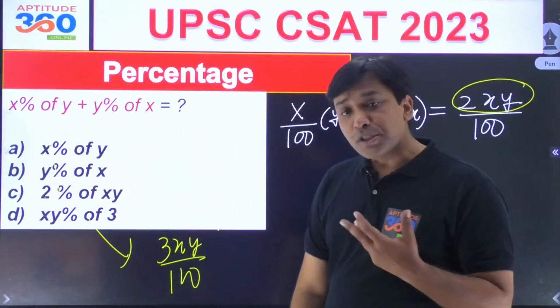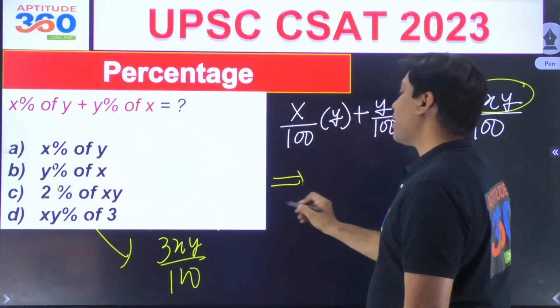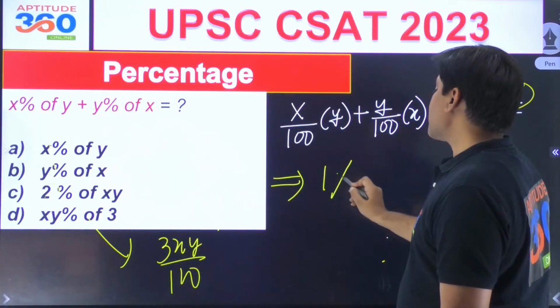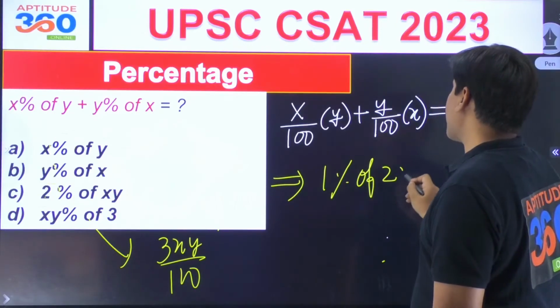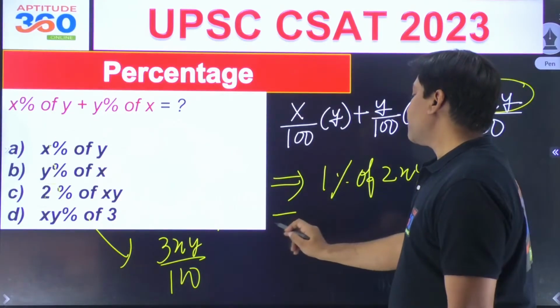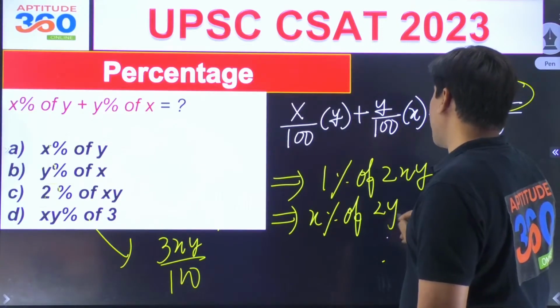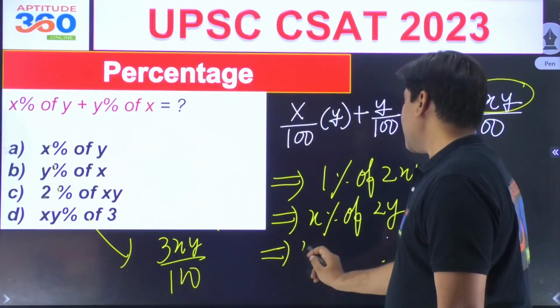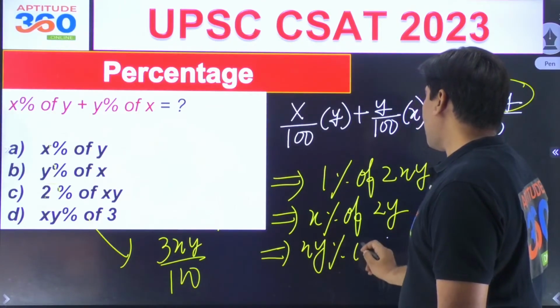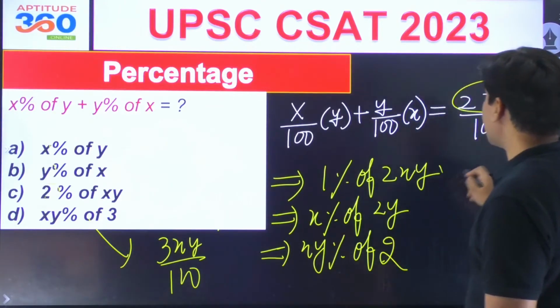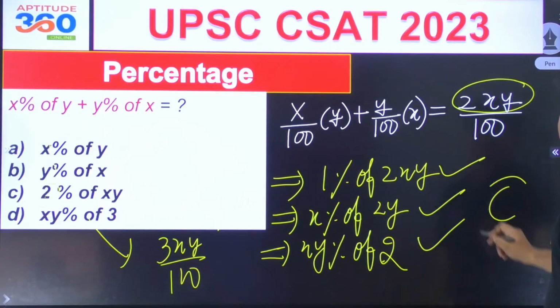And why only option C? If this would have been the answer, 1% of 2xy, or x percent of 2y, or xy% of 2. Don't you think that they are very similar to C?